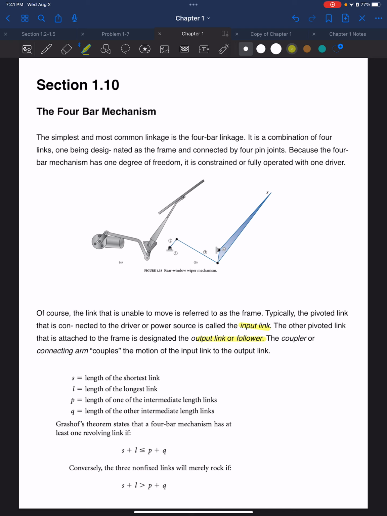Some of the parameters we'll look at to help us define this are the length of the shortest link, S, the length of the longest link, L, the length of one of the intermediate length links, P, and the length of the other intermediate length link, Q. Grashof's theorem states that a 4-bar mechanism has at least one revolving link if S plus L is less than or equal to P plus Q. And likewise, the 3 non-fixed links will merely rock if S plus L is greater than P plus Q.